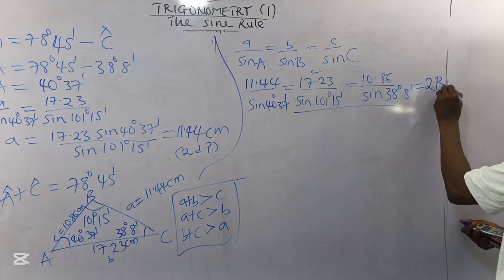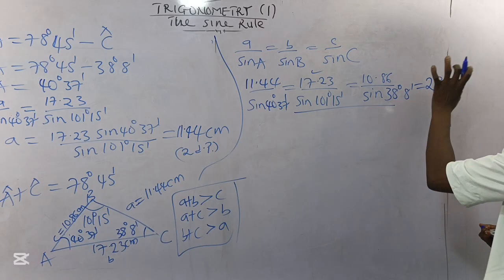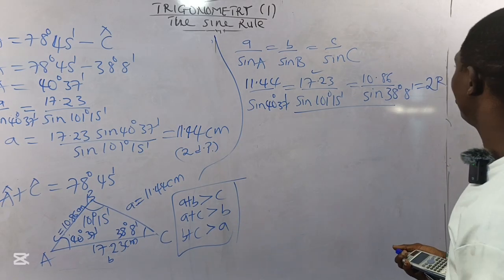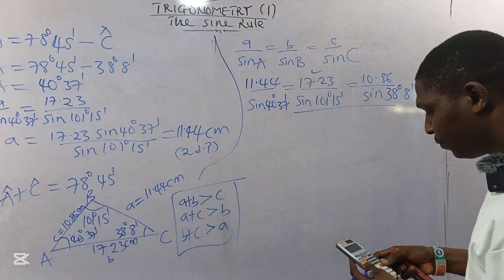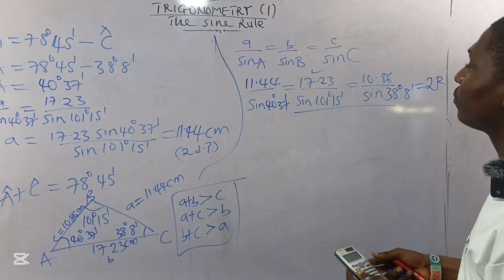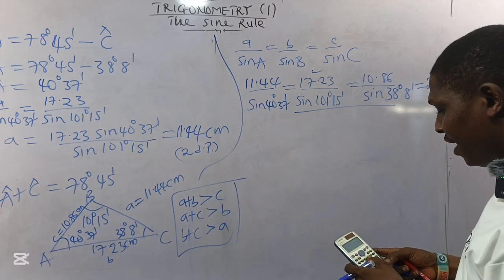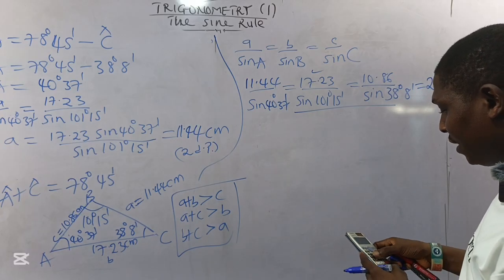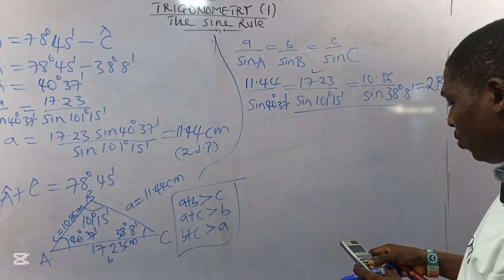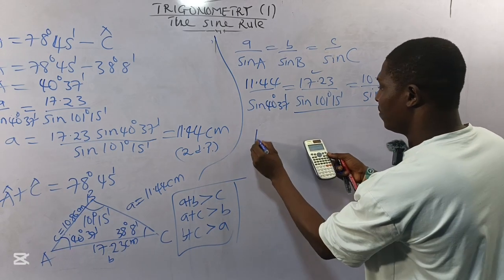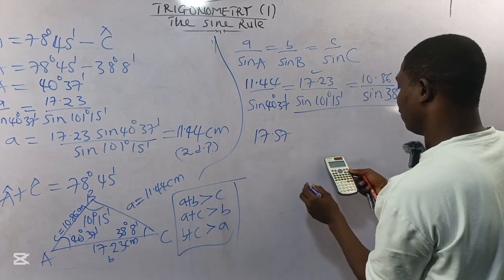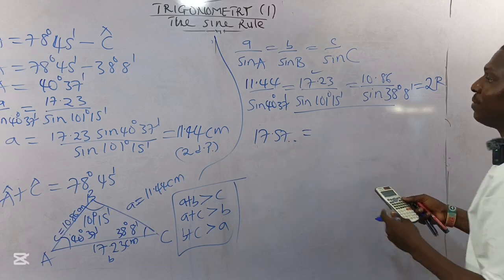Check, and it will be equal to what? 2R, where R is taken as the what? The circumradius of the triangle. Let's check. 11.44 divided by sine 40 degrees 37 minutes will give me 17.57 to 2 decimal places.